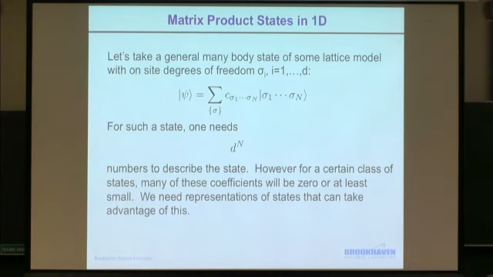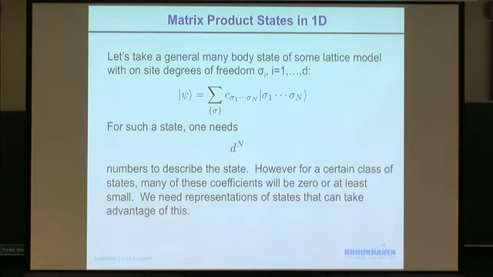In fact, if we're trying to describe a wave function of a lattice model with n sites, and each site has a physical dimension small d, then we need d to the n numbers to describe this state.